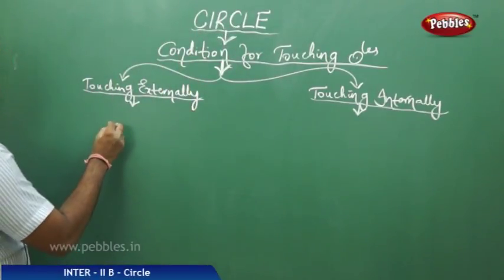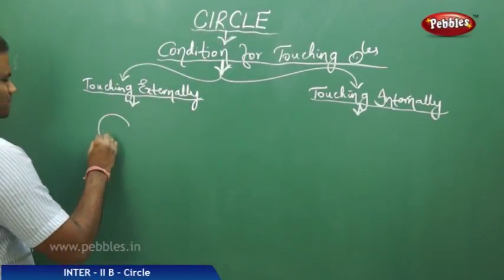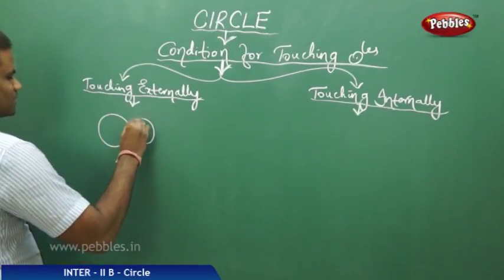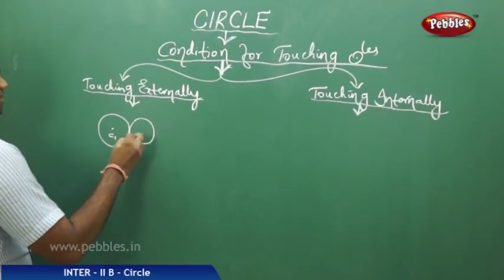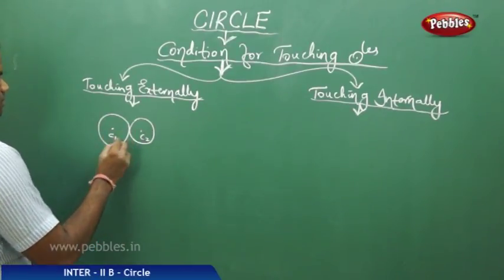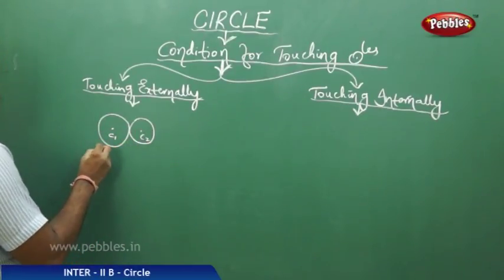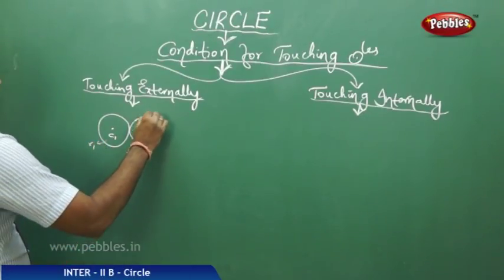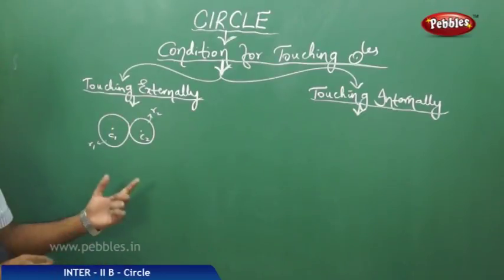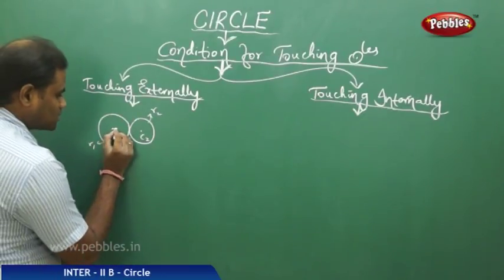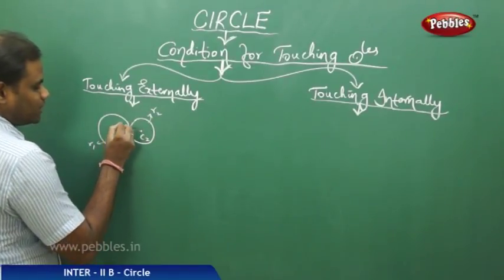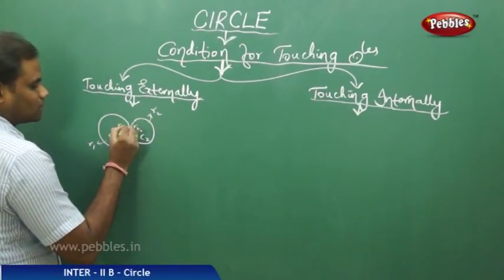Now when I clearly see the two circles, say one with center C1 and the other with center C2, and the radius of this circle is R1 and the radius of this circle is R2, then clearly the distance between their centers is nothing but the sum of their radii, which is R1 and R2.